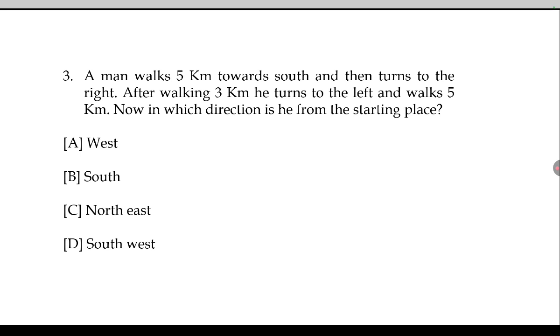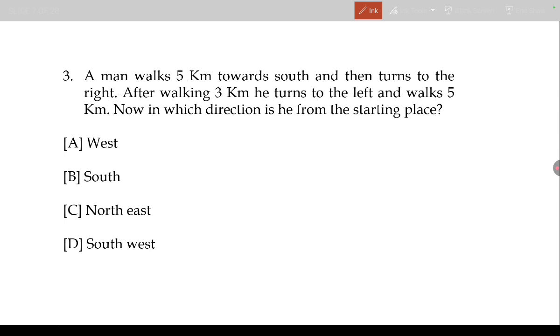Now another question, they can ask you: a man walks 5 kilometer towards south. South is the below side, so 5 kilometer towards south, and then turns to the right side. So he's in the south side now, so his face is toward the south.